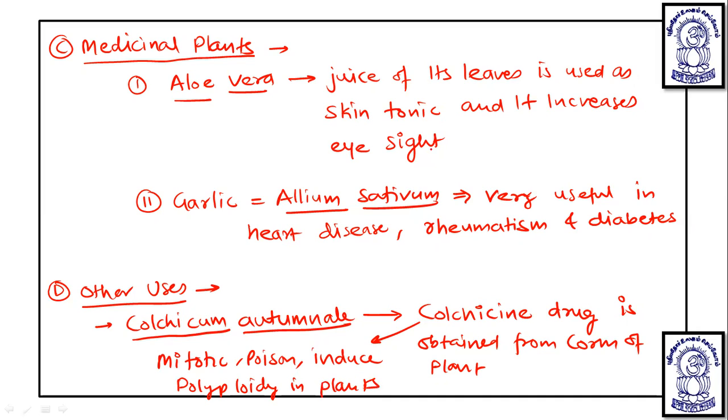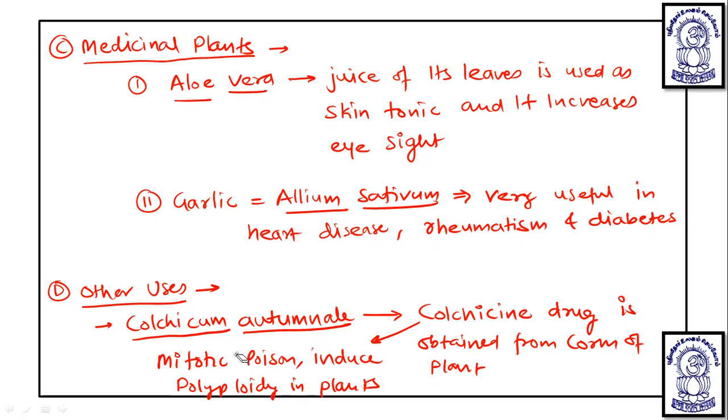Polyploidy means increase in set of chromosomes. So if the particular cell is 2n and it becomes 4n, then its ploidy gets changed. That is possible when there is absence or inhibition of the spindle assembly, and that can be inhibited by the colchicine drug, which is obtained from this plant.